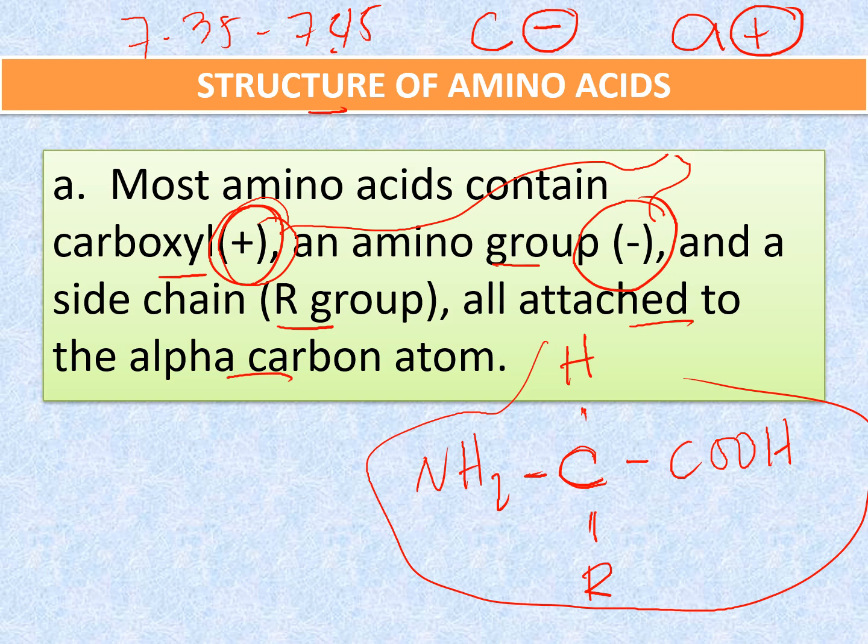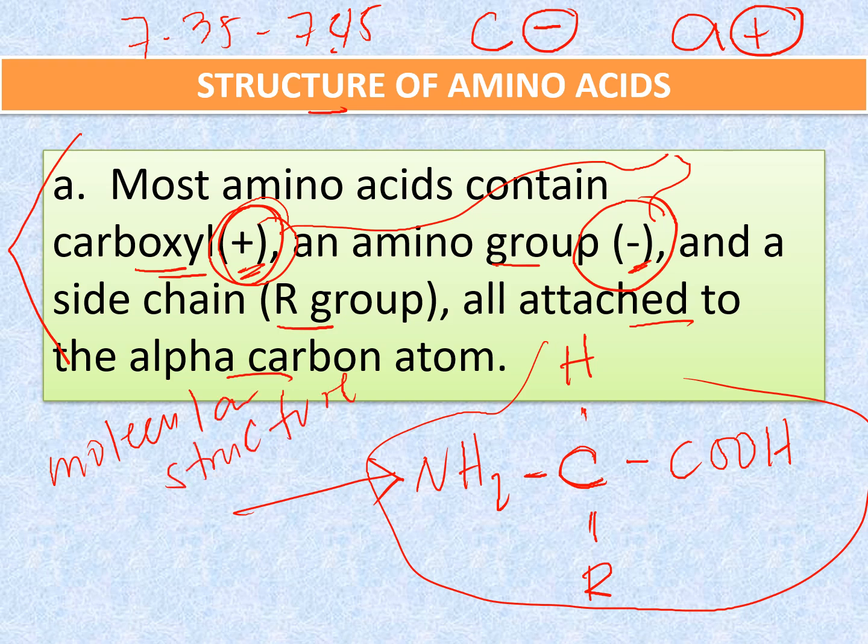Please don't be confused by this one. In this molecular structure, the carboxyl group is shown with a positive charge, and the amino group with a negative charge, because guys, this is the molecular structure of amino acids.